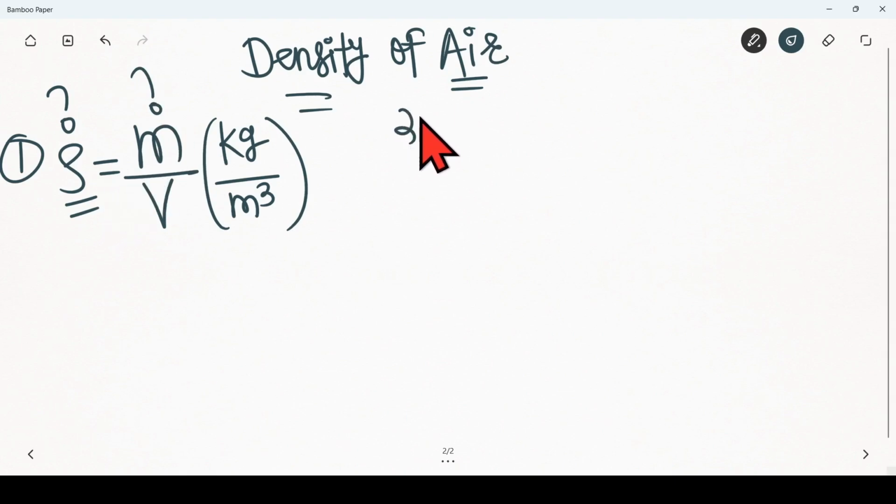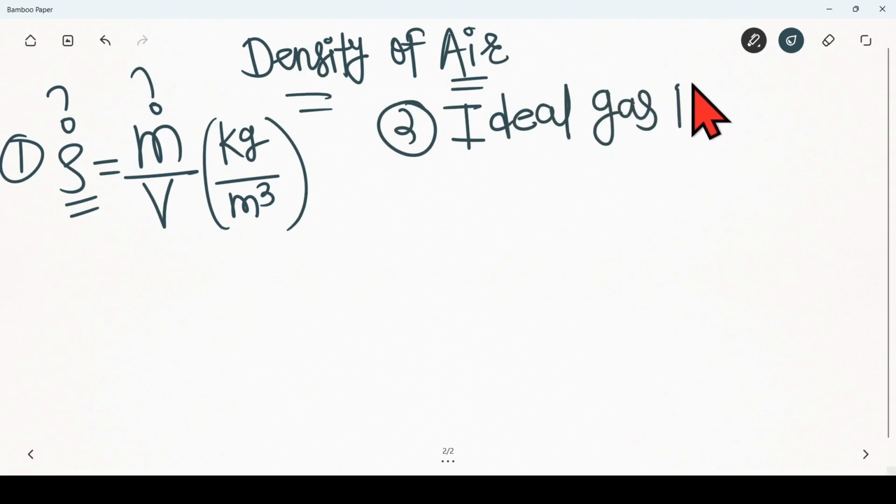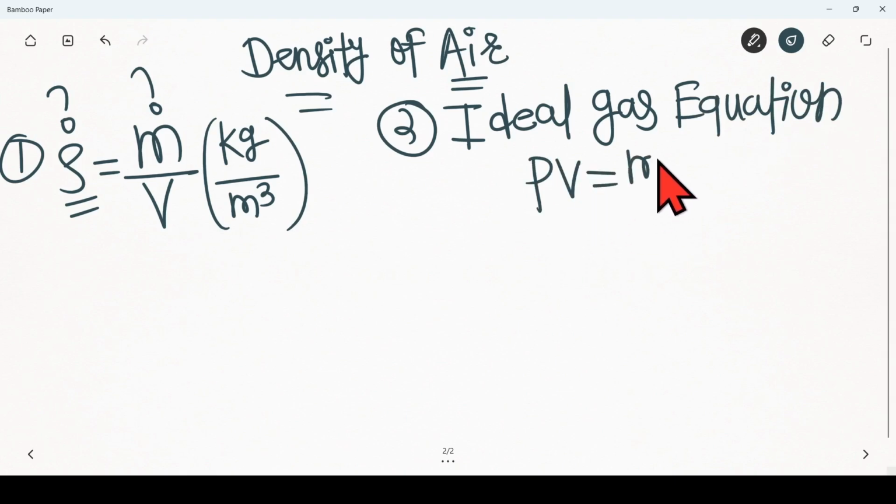Second thing, the air is considered as an ideal gas, and I can use ideal gas equation to calculate the density. So what is the ideal gas equation? PV is equal to mRT, where P is the pressure of air, V is the volume of the air, m is the mass of the air, R is the gas constant of the air, and T is the temperature of the air. I can divide by volume on the right hand side.